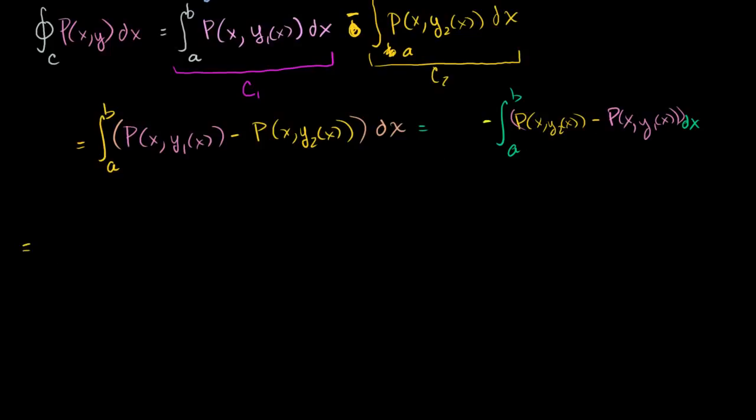So this thing can be rewritten as minus the integral from a to b of the function p of x, y, evaluated at y2 of x, minus it evaluated, and let me make it very clear, this is y is equal to y2 of x minus this function evaluated at y is equal to y1 of x.